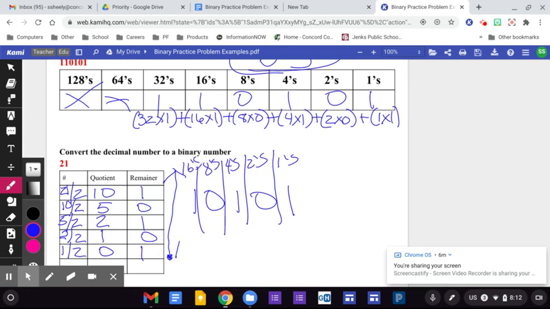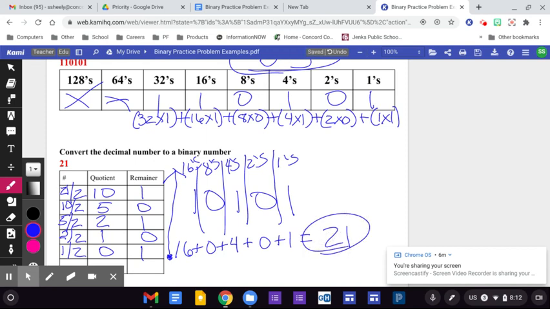So we know it's going to be 16 plus 0 plus 4 plus 0 plus 1. So 16 plus 4 is 20. An additional 1 equals 21. And we know that is the number.